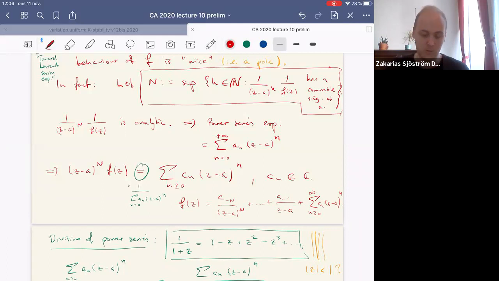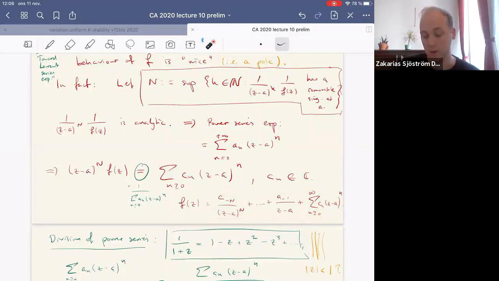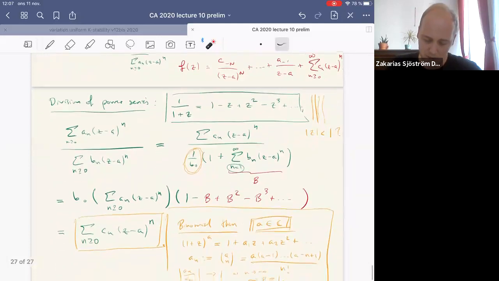For those of you who know what the Laurent series expansion is, you will recognize this: apart from the usual power series expansion, you have a singular part, which here is a polynomial. It has n terms, so it's a polynomial in 1 over z minus a in this case. So this will lead towards the Laurent series expansion of meromorphic functions.